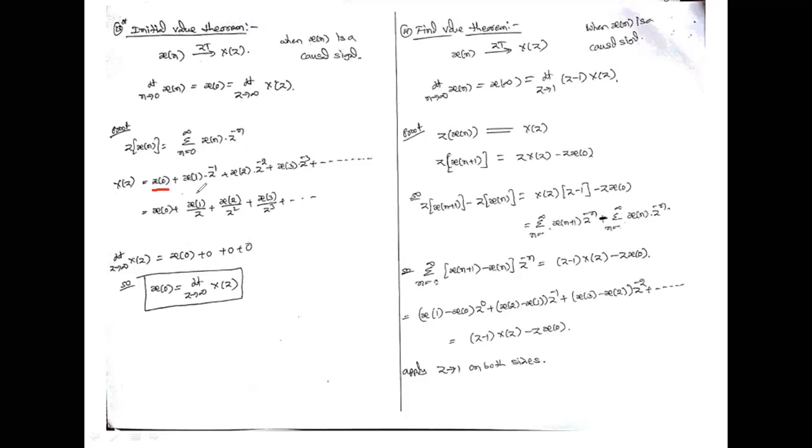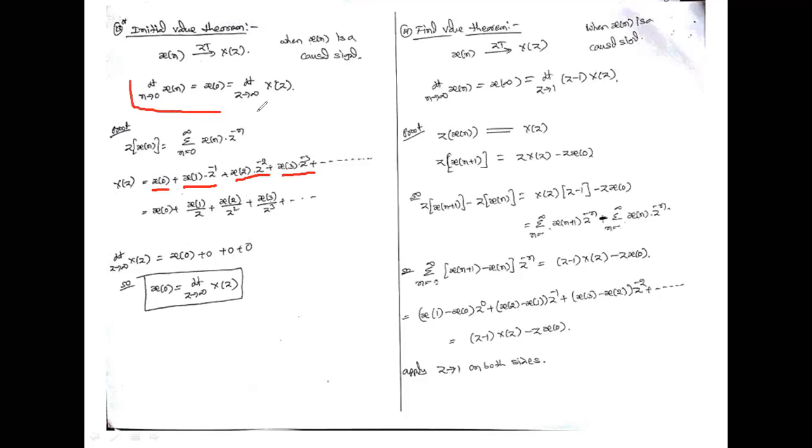When n is equal to 1, x of 1 z power minus 1, and n equal to 2, x of 2 z power minus 2. When n is equal to 3, x of 3 z power minus 3, and so on. Okay, x of 0, and z power minus 1 means we can bring that into the denominator: x of 1 by z, x of 2 by z square, x of 3 by z cube, and so on.